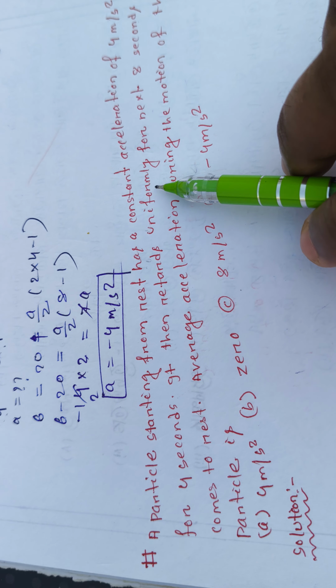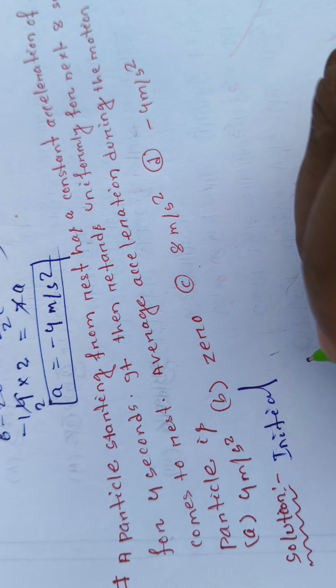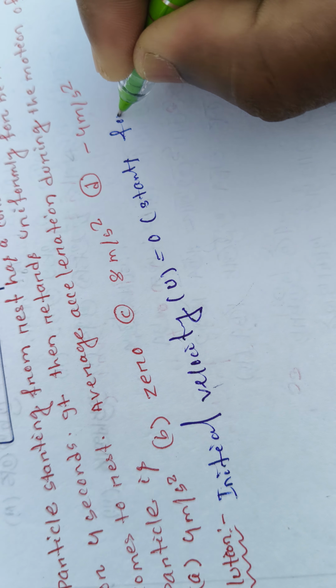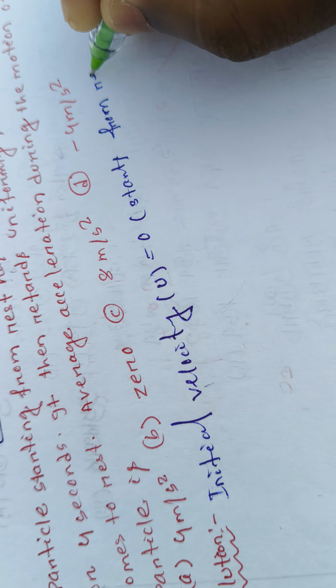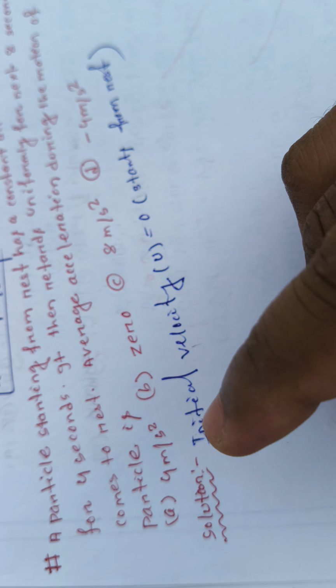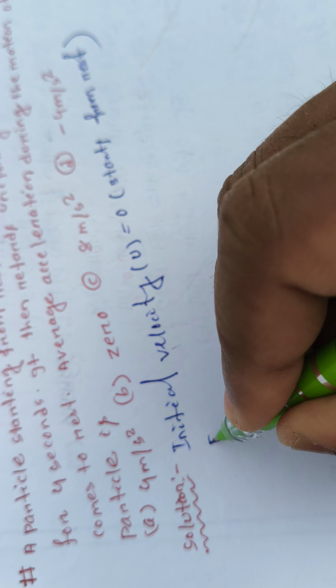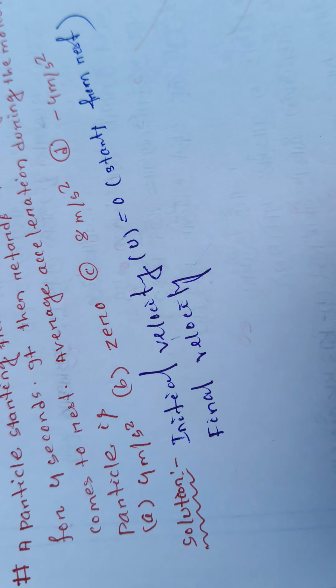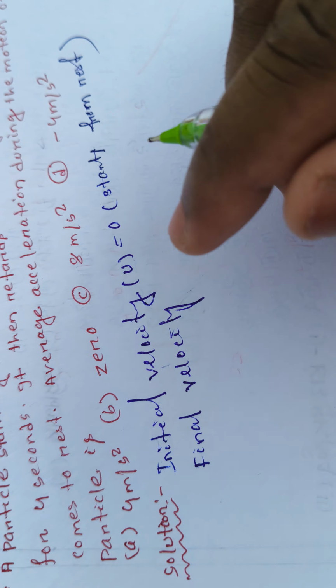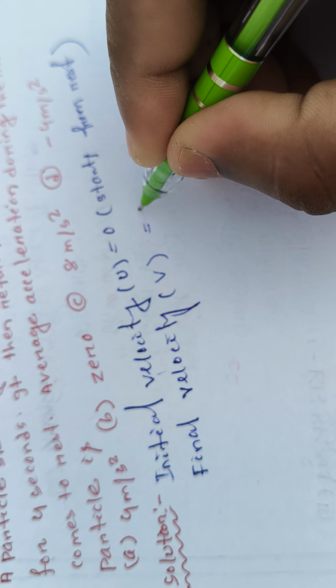So the initial velocity, that is u, is equal to 0, because the particle starts from rest. And your final velocity, that is v, is equal to 0.